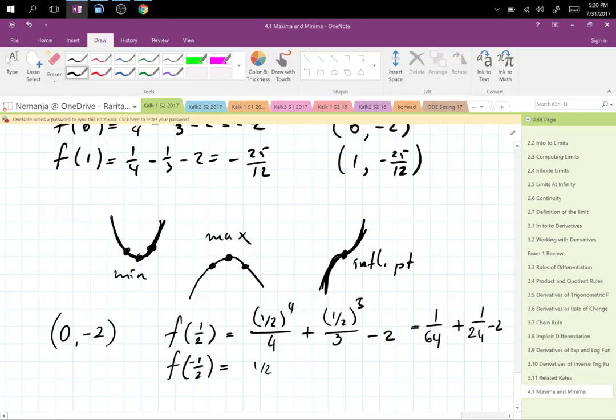I also have 1/2 to the fourth over 4. And now minus escapes the cube root because cube root is an odd function. So it becomes negative 1/2 over 3 cubed. And then minus 2.